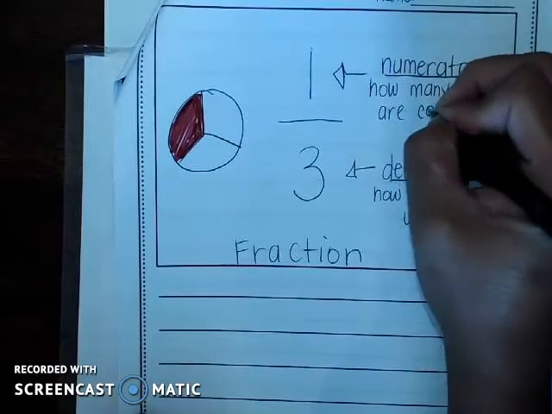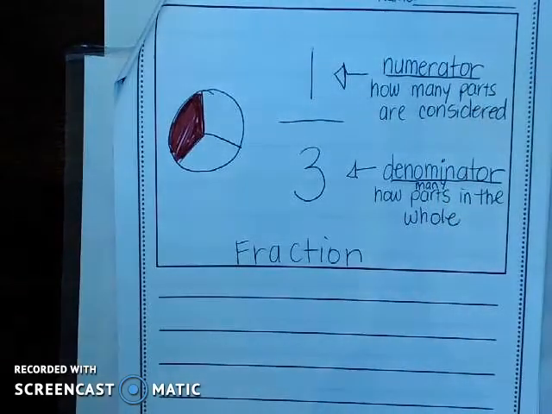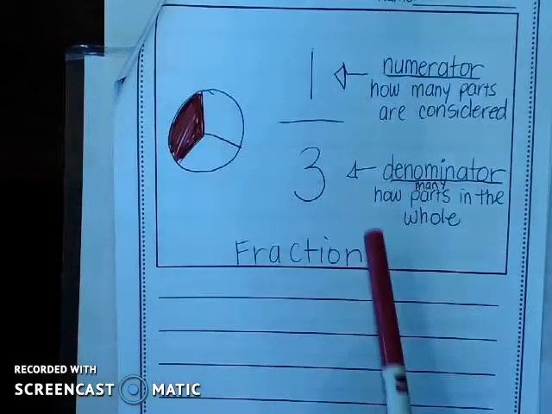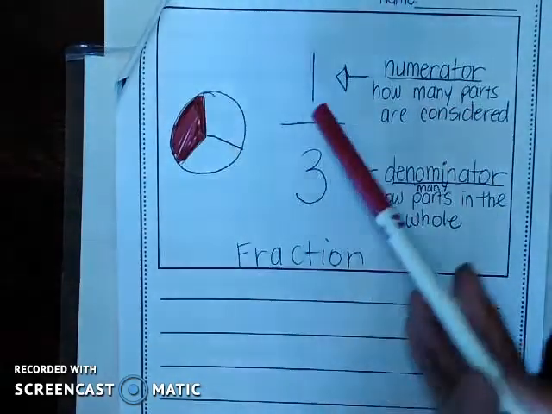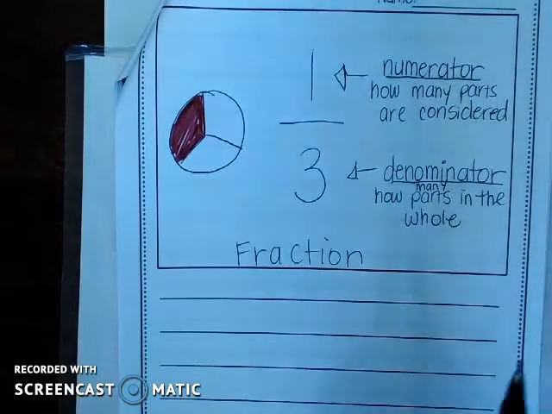When I'm talking about considered, I mean which ones are we looking at, okay? How many parts are considered is what we're looking at. So of the 3 pieces, we're only looking at 1. We're only considering 1. And that is how we read the fraction.